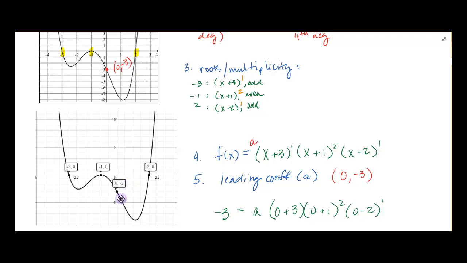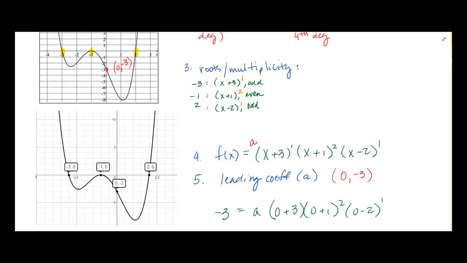I have an additional point occurring here at (0, -3), and of course you can see that the end behaviors are similar as well. So we did create the polynomial associated with this graph.